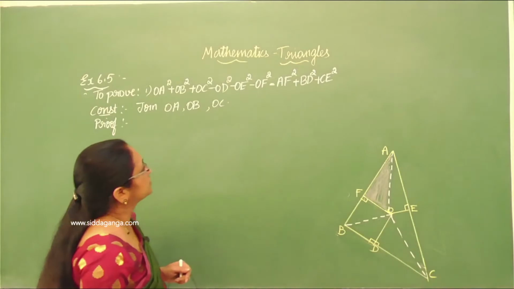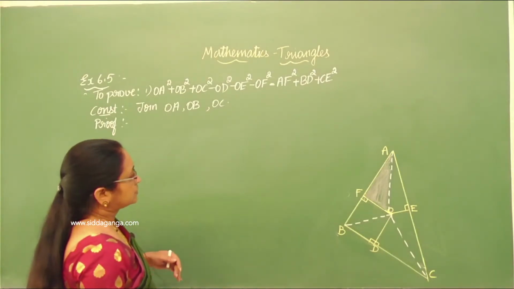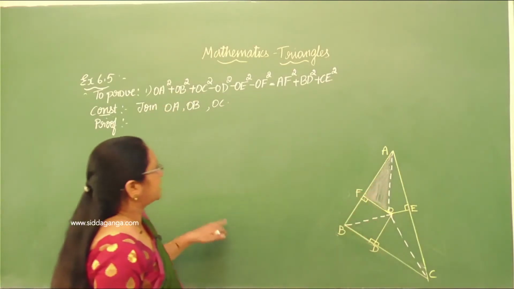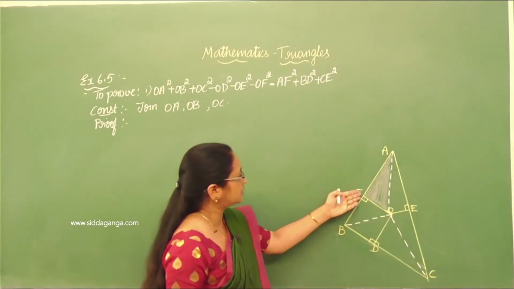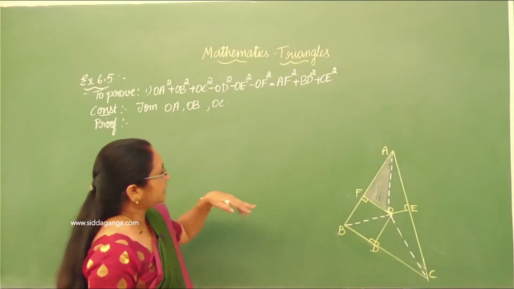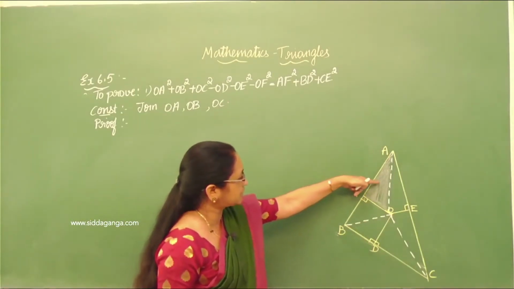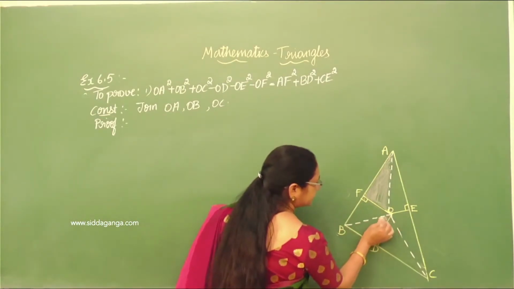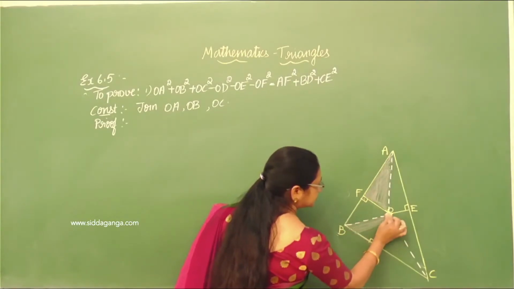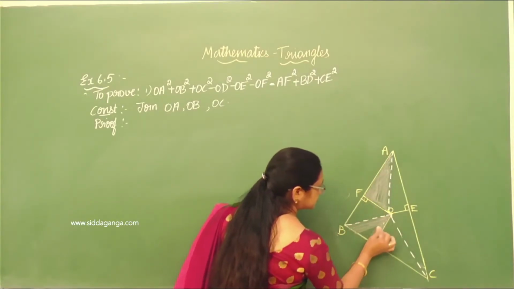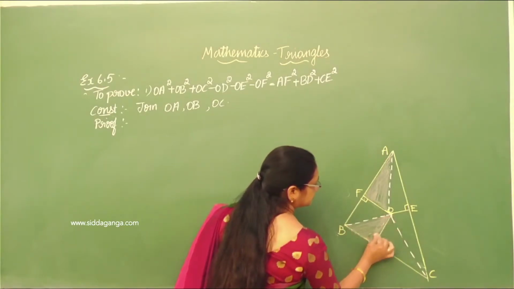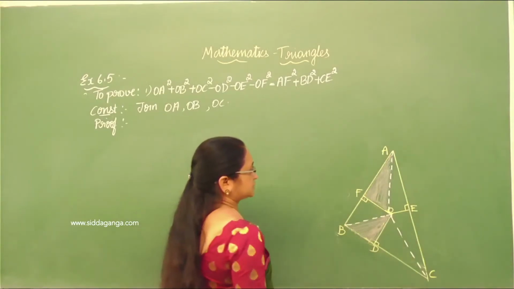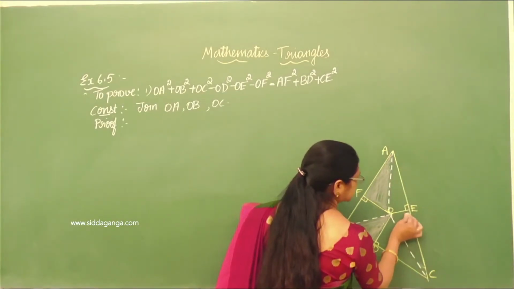See here, this triangle, because OA square is needed, so it will be related to this AF square, I mean this side, and AF is the side we need, so I am taking this triangle. And BD again here, then CE square.